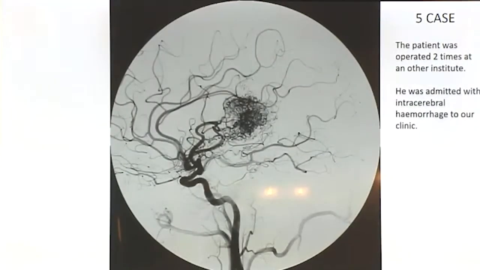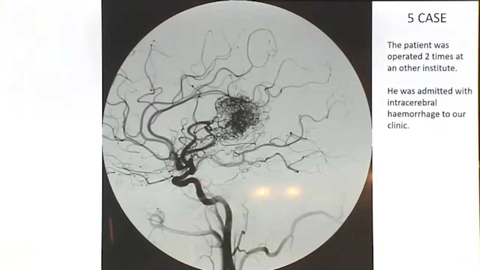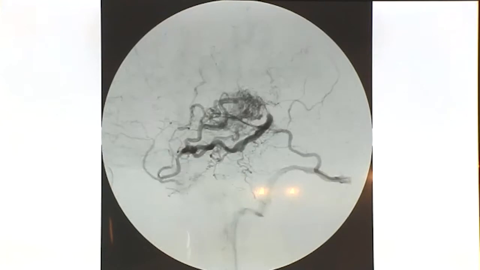The next patient was operated on 2 times at another institute. He was admitted with intracerebral hemorrhage to our clinic. This is a deep AVM, and you see occlusion of the sinus rectus. Maybe this is the cause of bleeding, but bleeding of AVM depends not on size, but on the draining venous system.